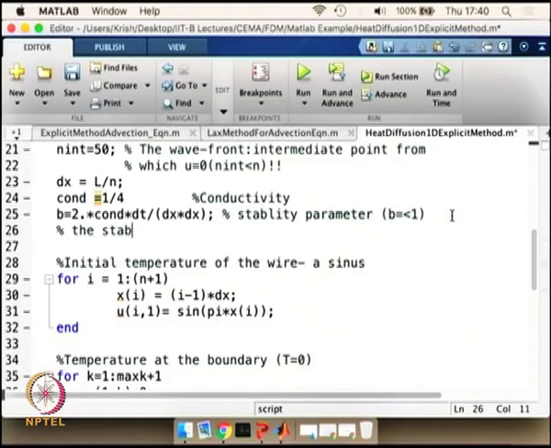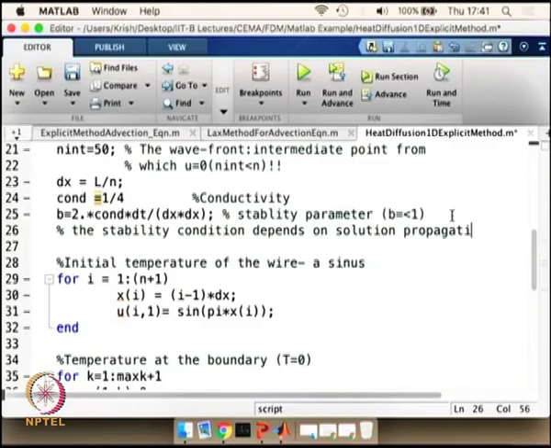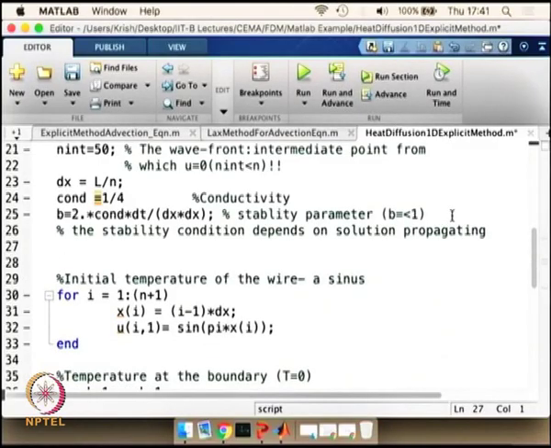The stability condition depends on solution propagating from the point n comma j, hence we use b equal to 2 times r. So that is why the reason we have 2 here.